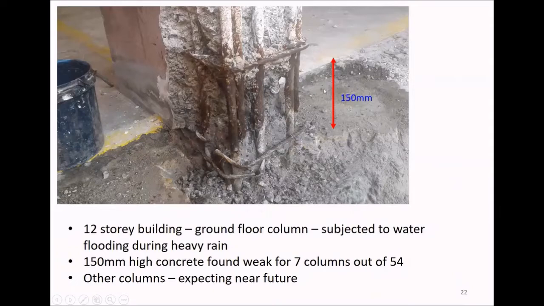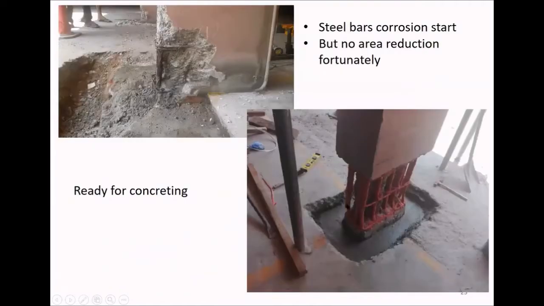This 150 height of the concrete is totally very weak. That's what happened here. You can see the reinforcement corroded only up to that height, 150 millimeter. So due to this weakness of the concrete, this is the way we have done this repair.